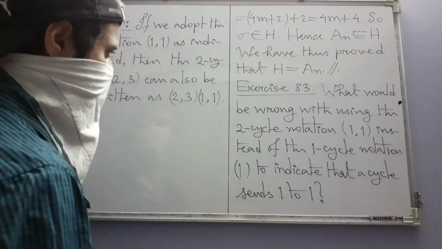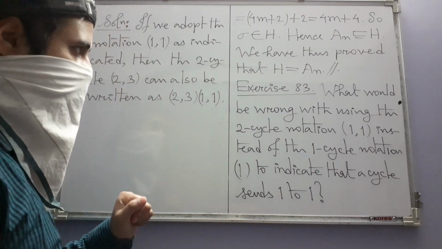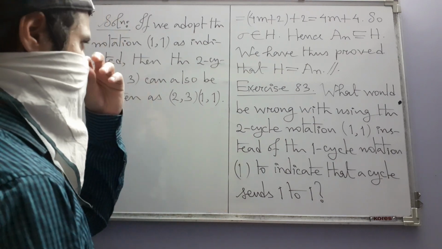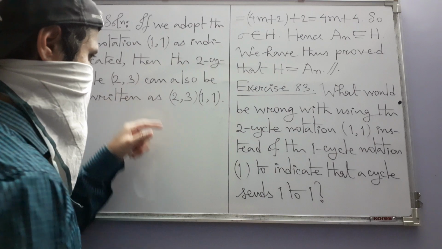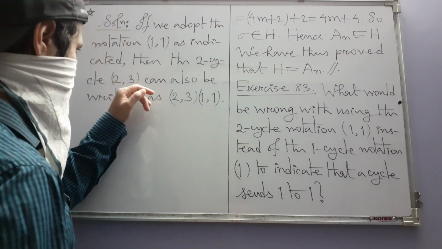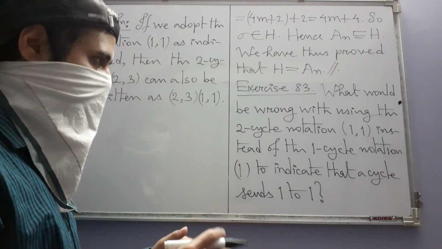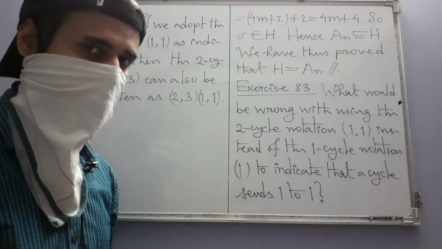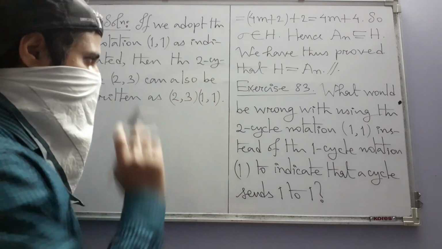Why? That is because what is this permutation? What function is this? This is a function which sends the symbol 2 to 3, that is, the image of 2 under this function is 3, and the image of 3 under this function is 2, and the image of any other symbol, if available, is that symbol itself. Here also that is the case.